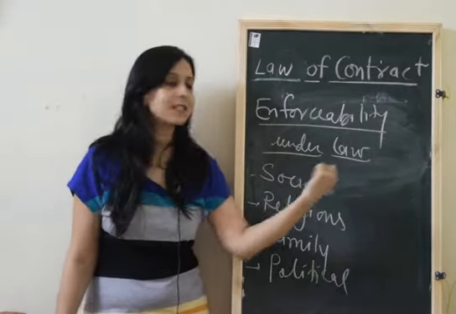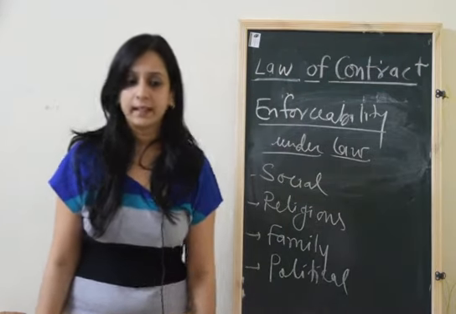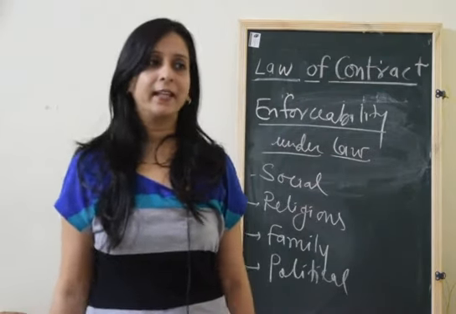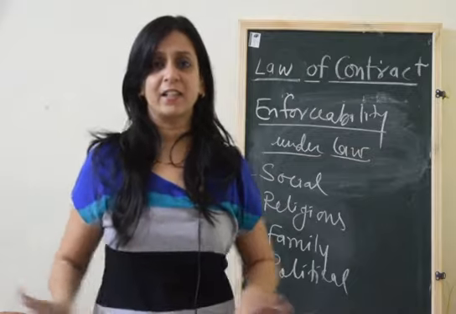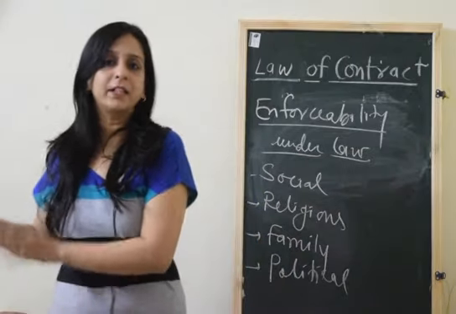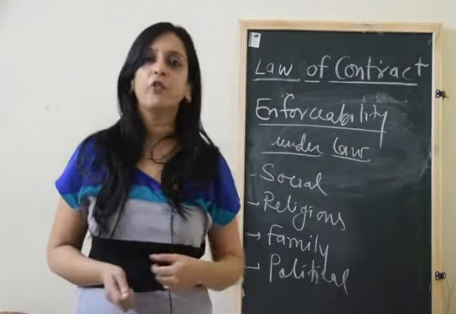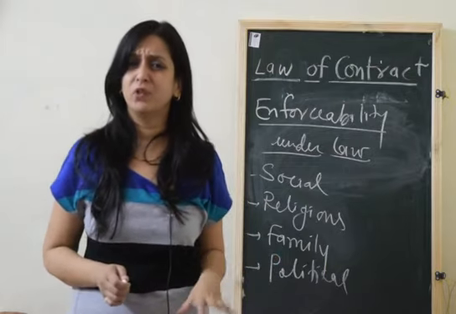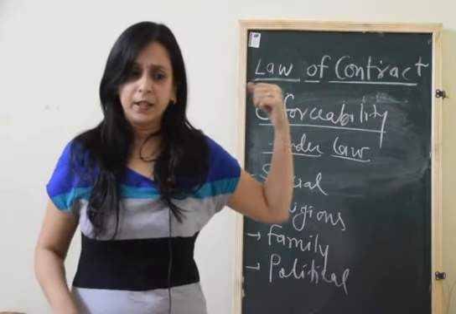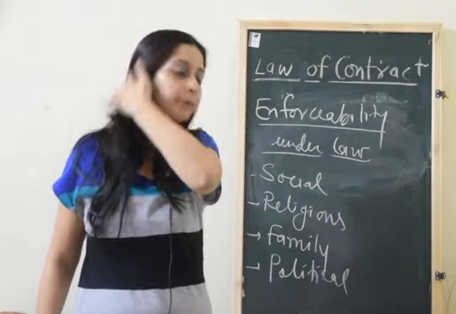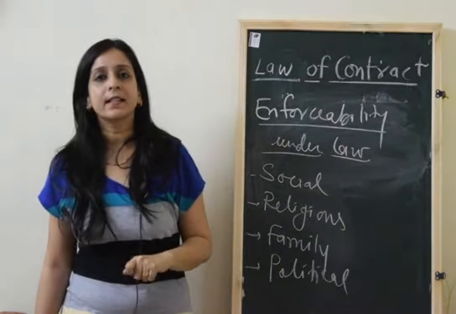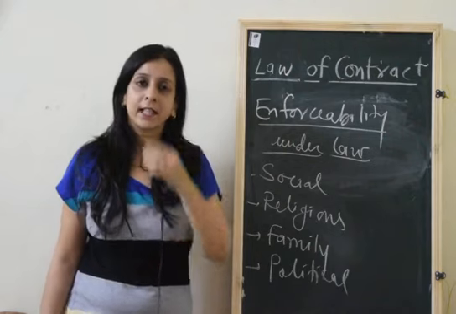Okay, so first, in social agreements, there are various customs in our society, different castes, different classes, different groups of people, different communities. They have to follow that particular custom, that particular rule which is prevalent in their society or community. It is not necessary to enforce it if a person is not fulfilling such a custom.